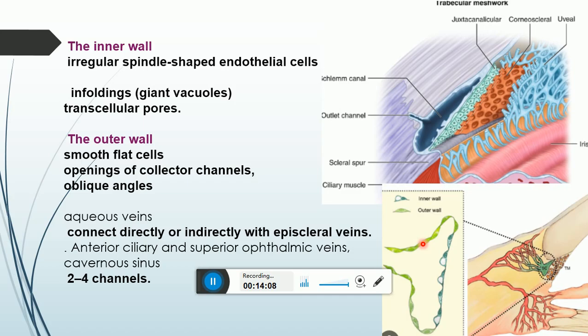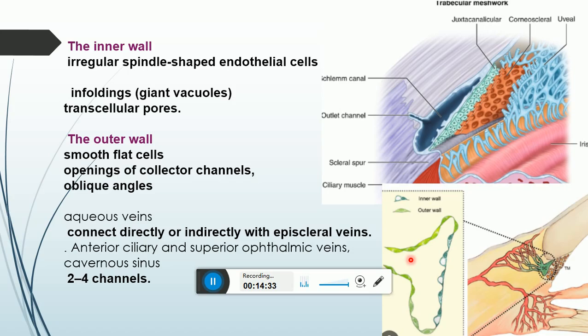These are smooth and flat cells, and these are spindle shaped endothelial cells, and these are smooth and flat cells, and contains the openings of the collector channels. These are the openings of the collector channels which leave the canal at oblique angle and connect directly or indirectly with episcleral veins.